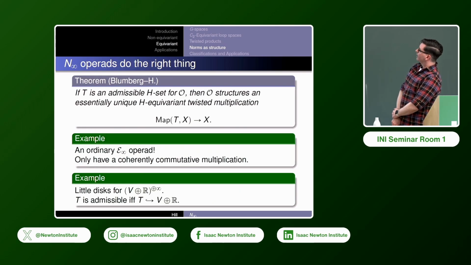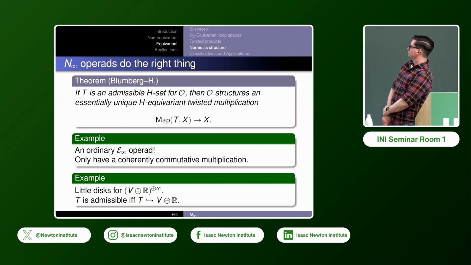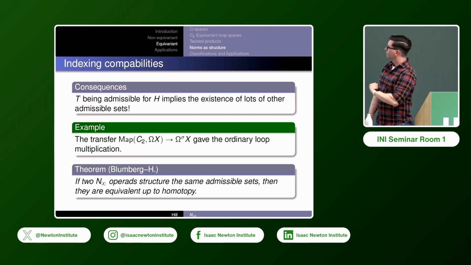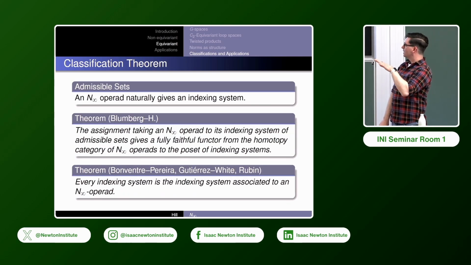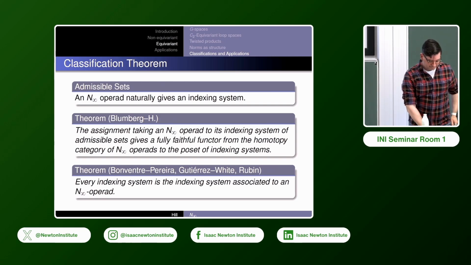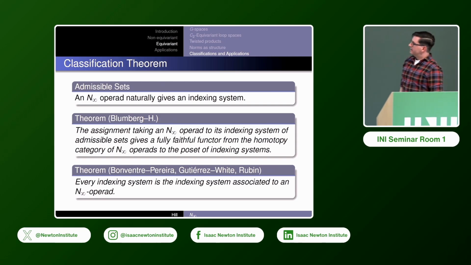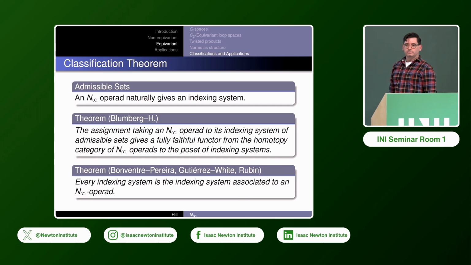And the amazing result, the amazing thing is that this assignment tells me everything.